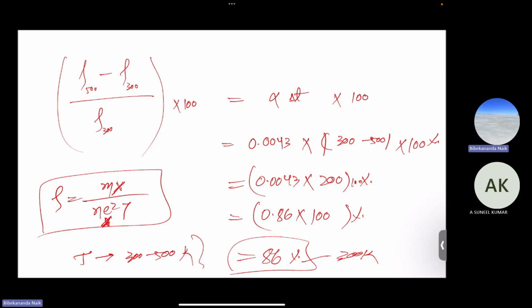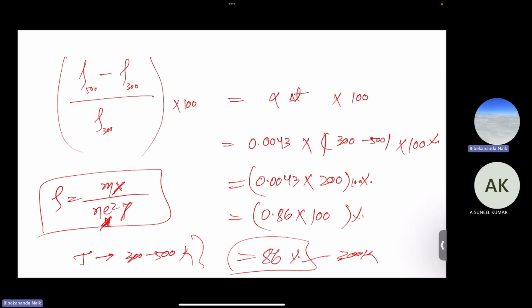Why would the number density change as we go on increasing the temperature? Is the number of electrons released from the conductor when the temperature increases? No, the number of electrons will not change.